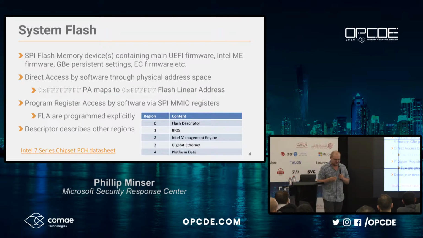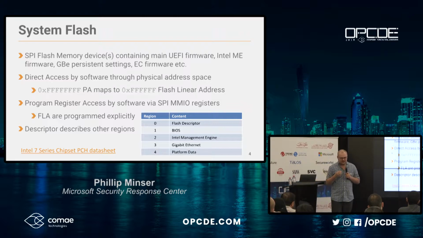The firmware lives in the SPI controller and special flash memory, which can be 8 or 16 megabytes. In this memory there is a bunch of things stored, including the system firmware.